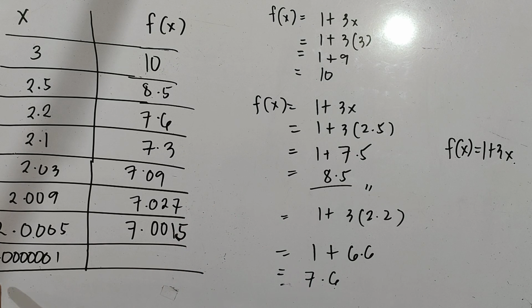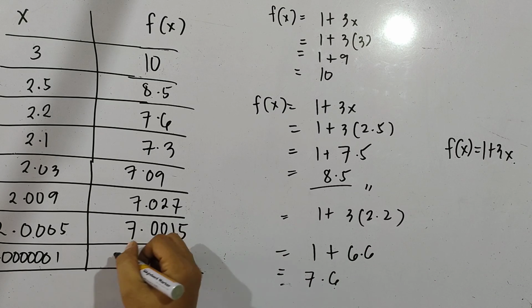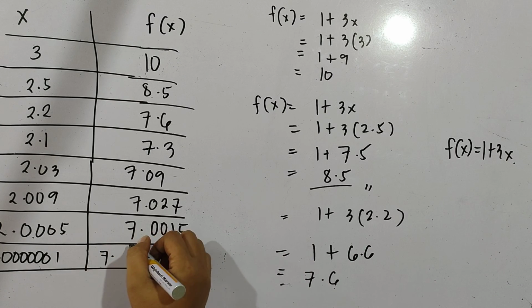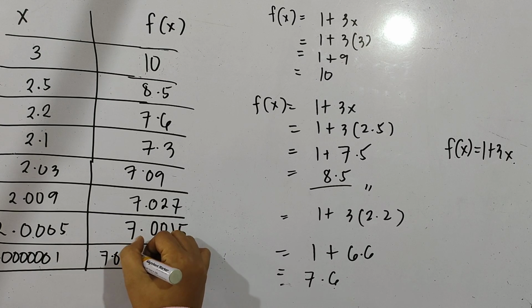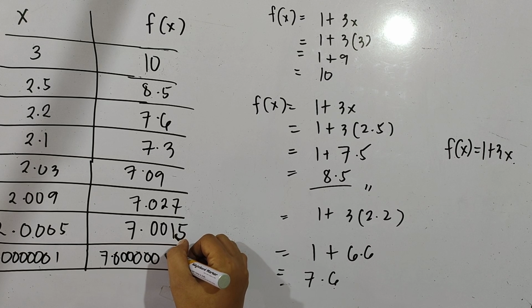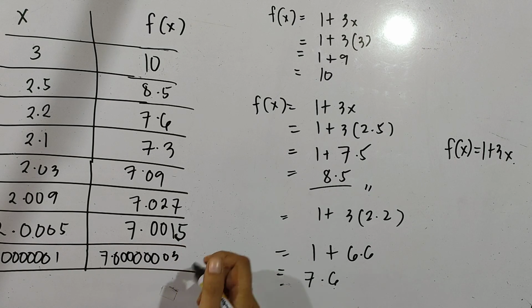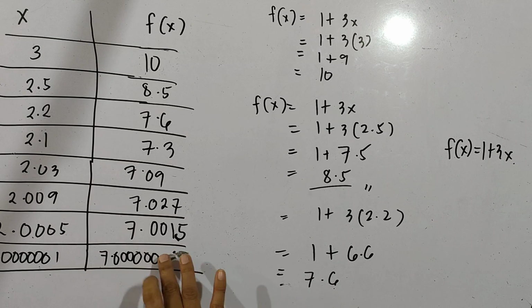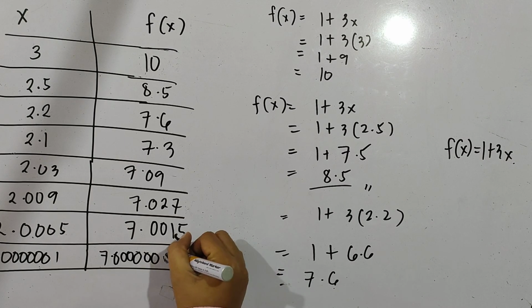Then last, 2.00001 times 3 plus 1 is equal to 7.00000003. No, we only have 6 zeros and 1 3.